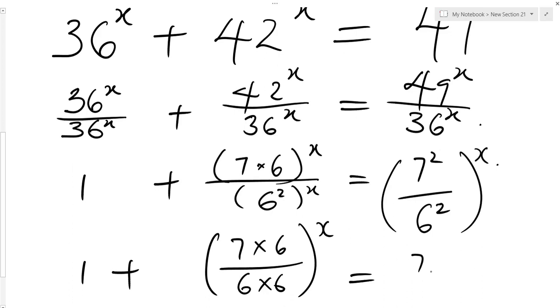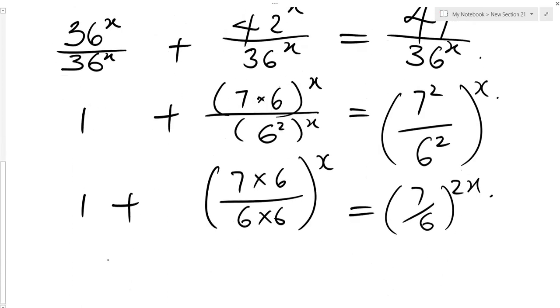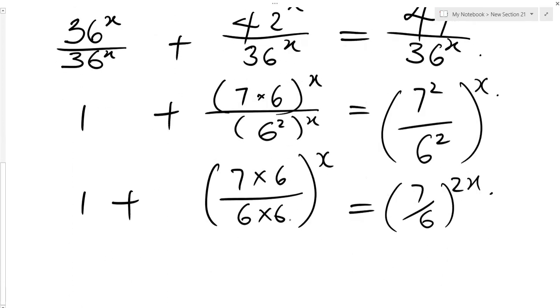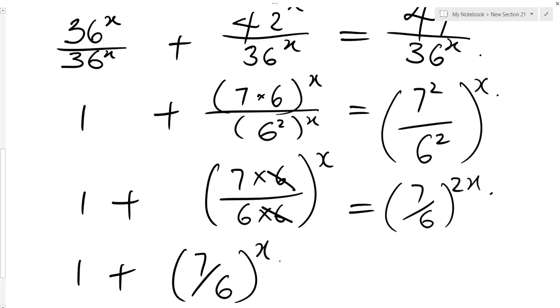Then this is 7 all over 6 to the power of 2x. Now the 6 down here will cancel the 6 up, so we're left with 1 plus 7 all over 6 to the power of x equal to 7 all over 6 to the power of 2x.